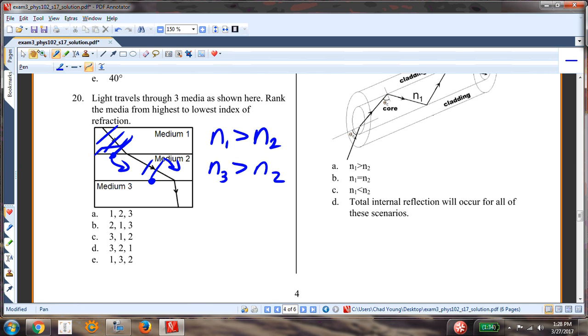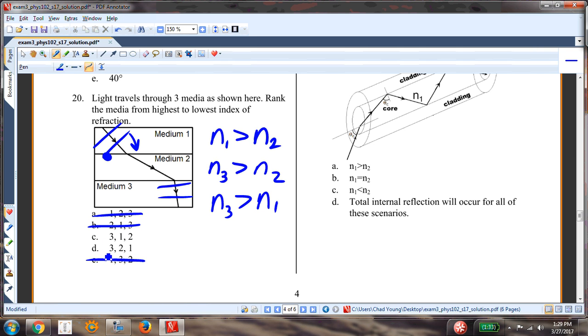And then we also need to consider the relationship of N1 and N3. Think about here, and then here. It is slowing down and traveling around, so that means that N3 is bigger than N1. So N3 is the biggest, so I get rid of all of these.